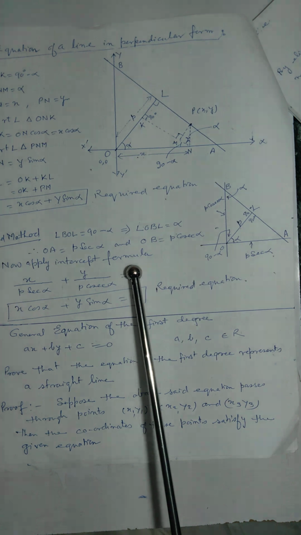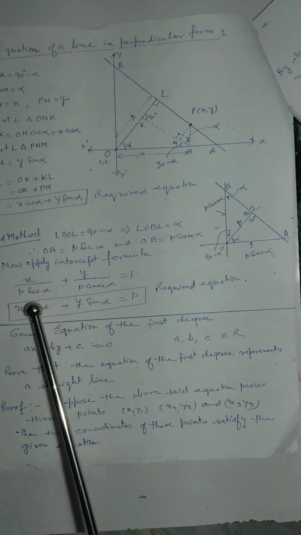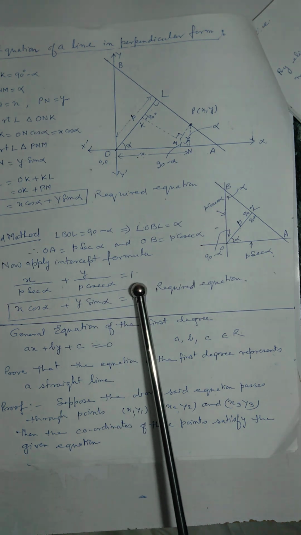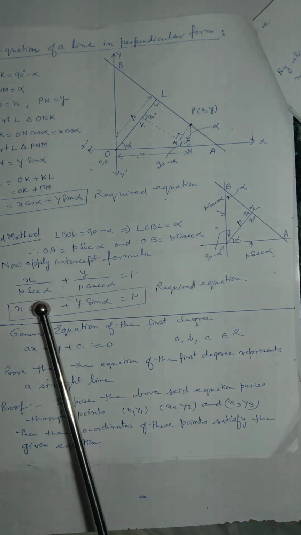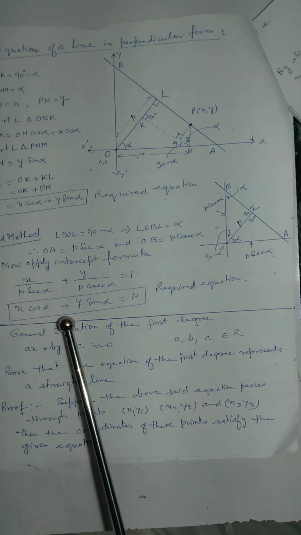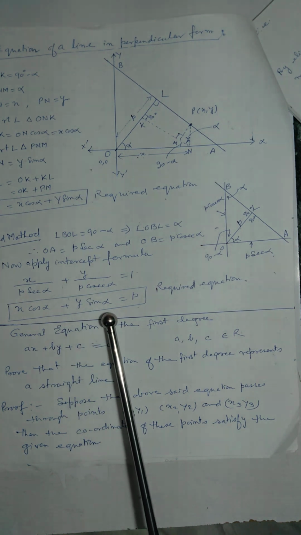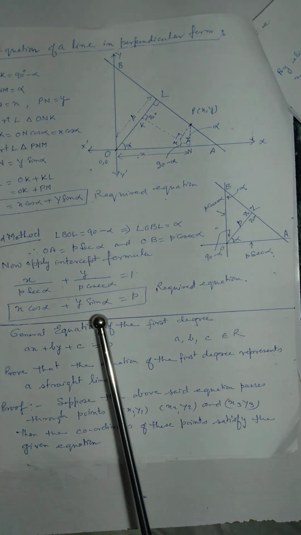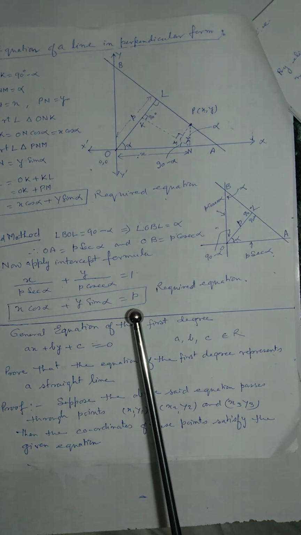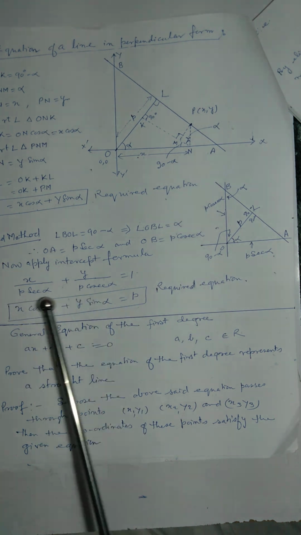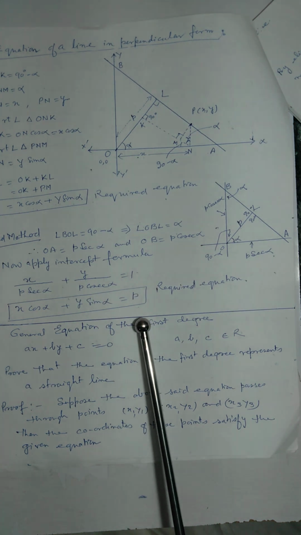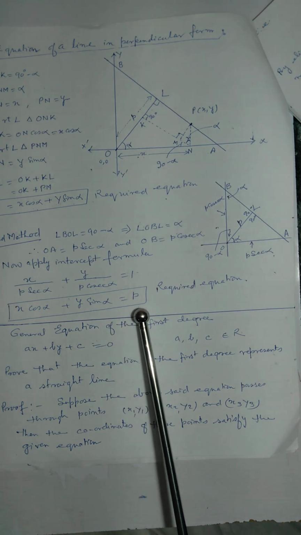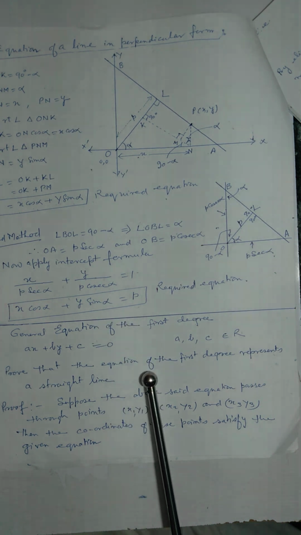Now applying the intercept formula, that is x upon p sec alpha plus y upon p cosec alpha, that will be equal to 1. So the reciprocal of sec alpha is cos alpha, plus y into sin alpha, because the reciprocal of cosec alpha is sin alpha, and it will be equal to p. Because the p is in the denominator, it will come to the right hand side and become p. So x cos alpha plus y sin alpha is equal to p. This will be the required equation.